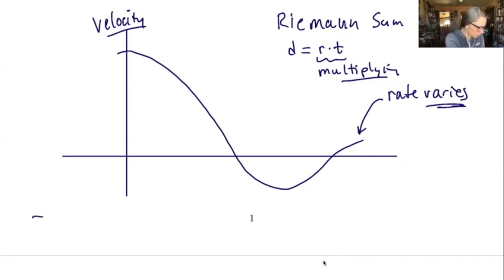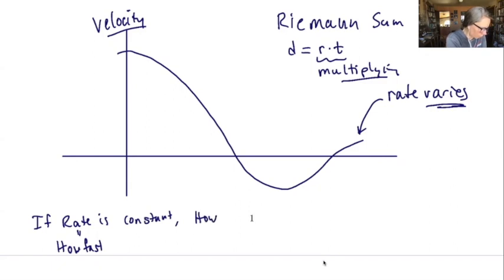So if the rate is constant, so if we think about the rate as the how fast, if the how fast something is constant, then if we want to know how much of a thing we have, like how much distance, we just take the rate, the how fast, and we multiply by a change in time.